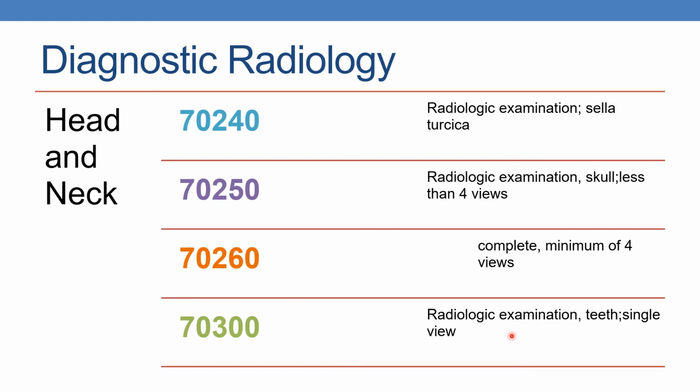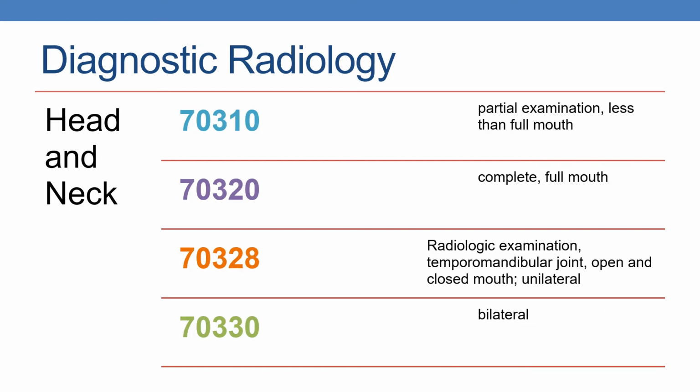It deals with radiological examination teeth, single view. The next is 70310. Radiological examination of teeth, partial examination, less than full mouth. The next is 70320. Radiological examination teeth complete, full mouth.